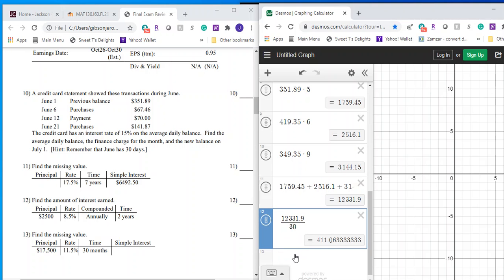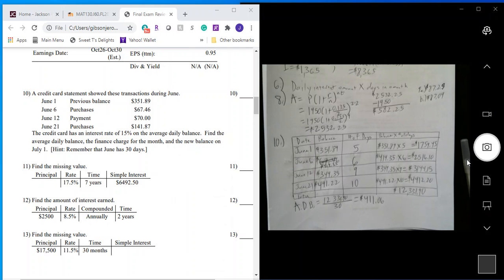So our average daily balance rounded to 2 decimal places will be $411.06. Okay, so that's our average daily balance.